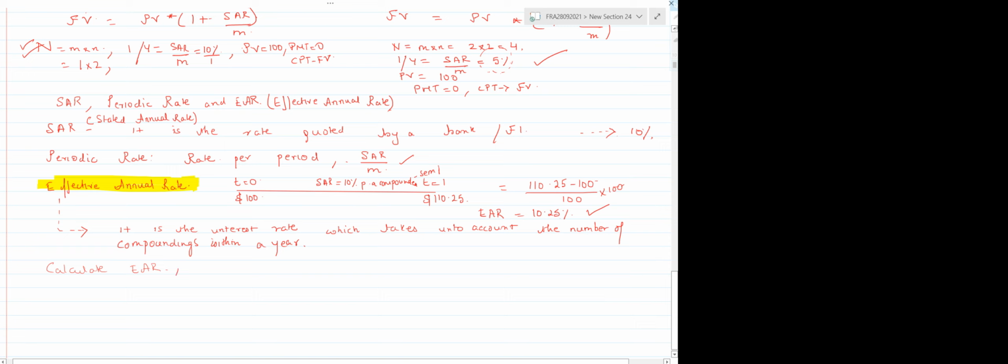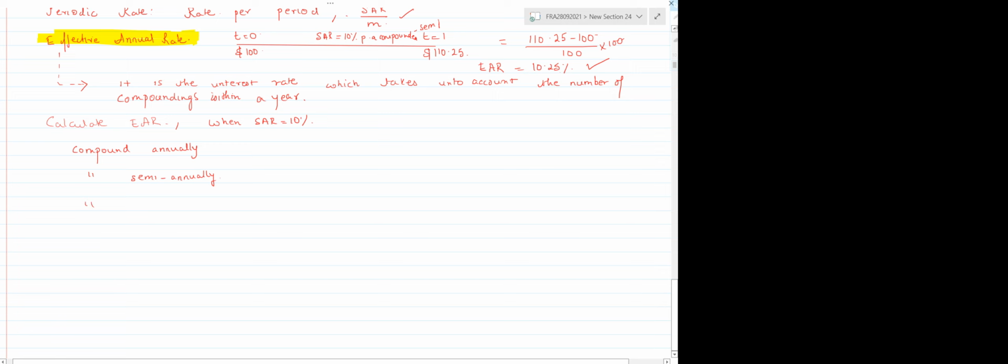When SAR is 10%, calculate the EAR when you compound annually, semi-annually, quarterly, monthly, and daily. Please calculate this and tell me the answers.